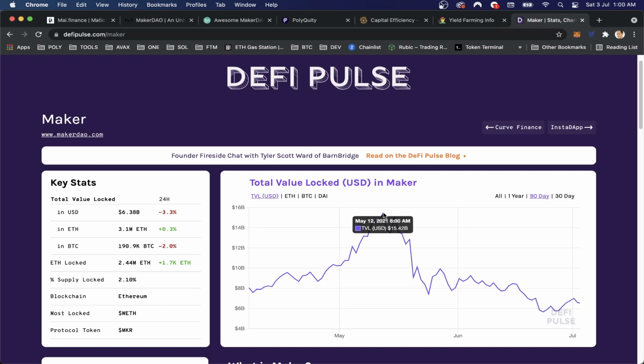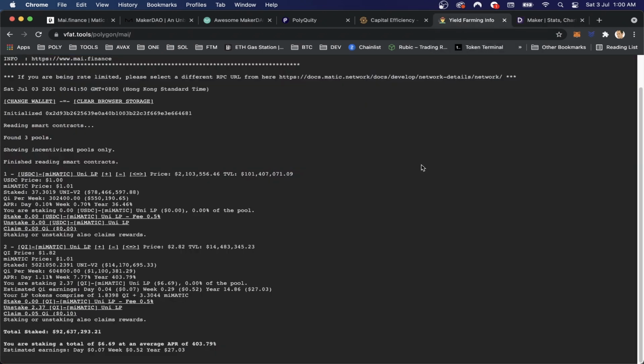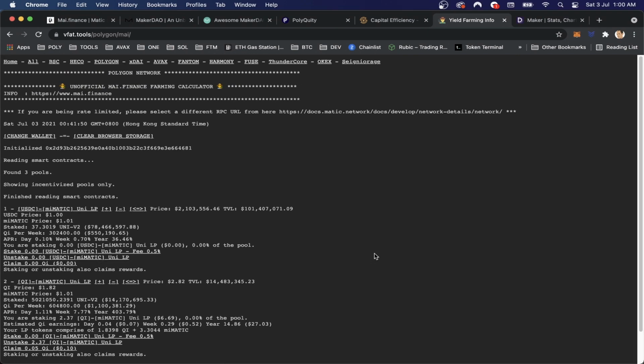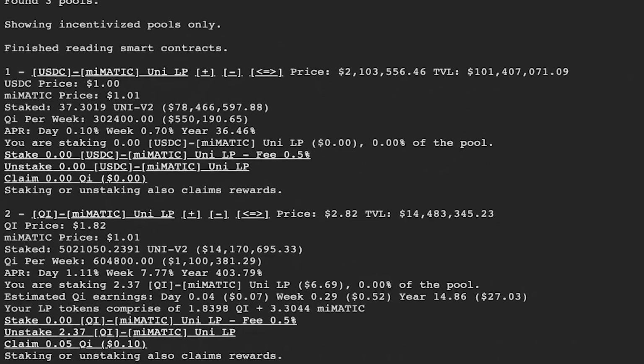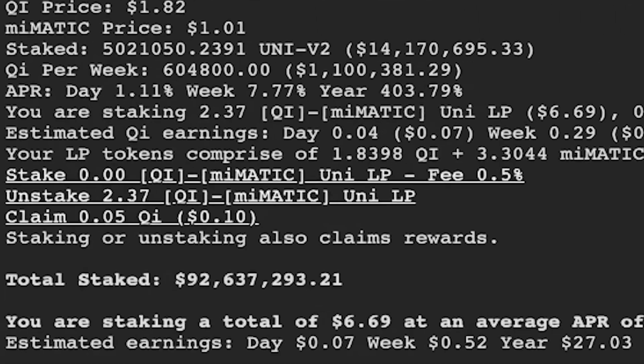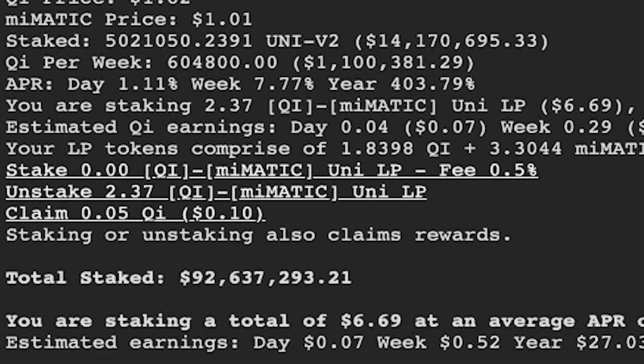And if we compare that to Mai Finance using the VFAT Tools application, which is a great website for checking out any information on liquidity pools on various different chains, we can see there is a total staked of 92 million.